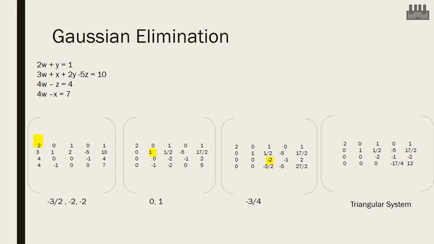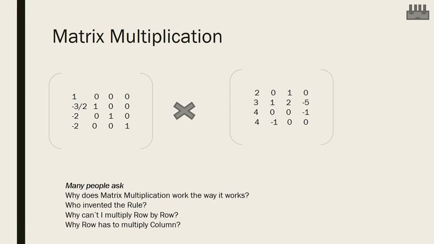Once you know z, you shift your attention to the third row. You have minus 2y minus z equal to minus 2. You already know the value of z, so you can solve for y. Similarly, you can solve for x here, and finally you can solve for w, and this is what is called backward substitution.